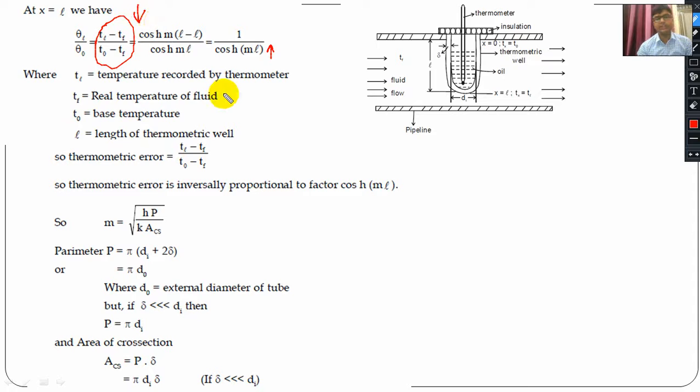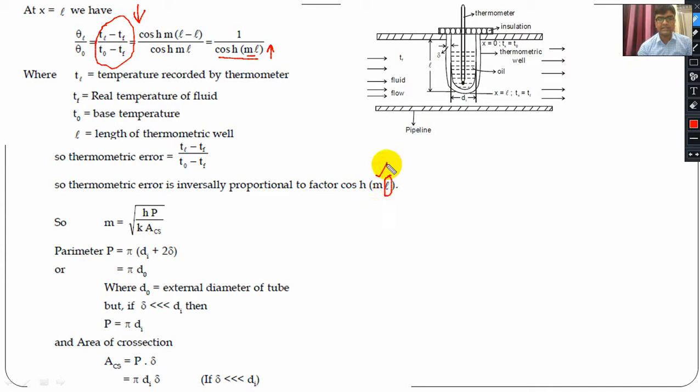Clear? So what is our objective? Our objective is to reduce the thermometric error by considering a higher value of cosh ML. So how can you do this? By considering a higher ML value. Clear? A higher ML value gives a high cosh value. So how to consider the ML value? L has some restriction, and I will discuss the restriction further.